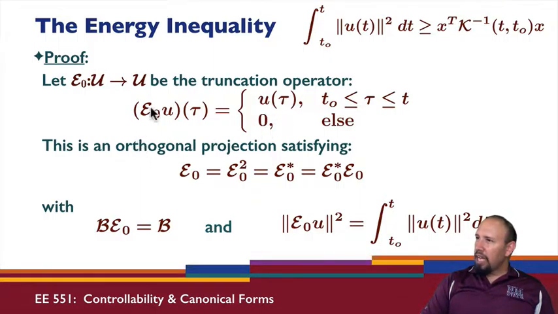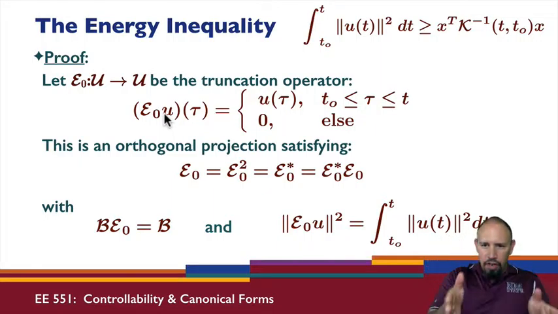As an operator, it's actually an orthogonal projection. It's kind of weird because as an operator, it's an integral operator on a continuous function of time. But I've truncated between time t0 and t, so it's 0 outside of that interval.